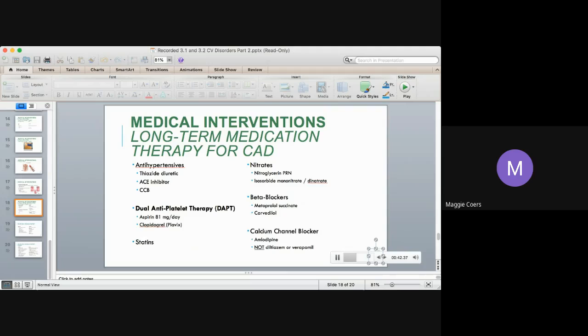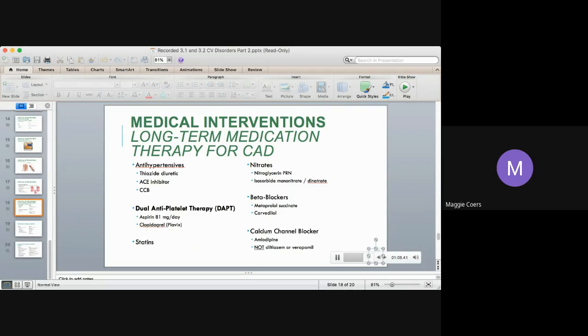Then after about 6 months, we may need to continue both or maybe just continue the aspirin. It's going to depend on the patient's progress and what the cardiologist wants to do. Statins and nitrates are given to the patient. And they should also have a prescription for nitro PRN.